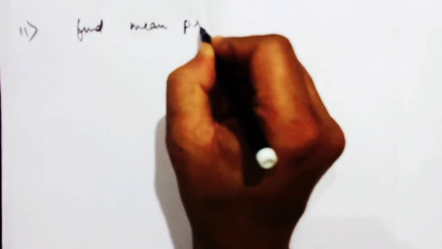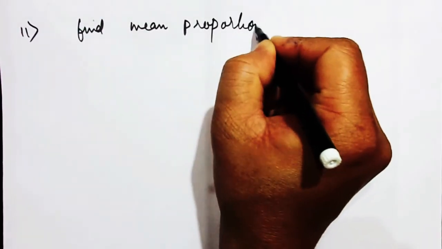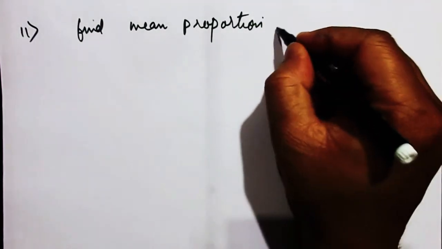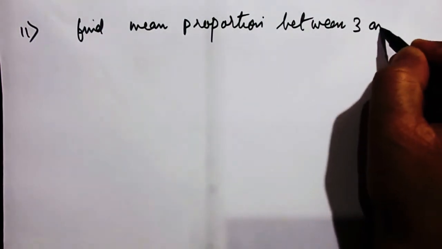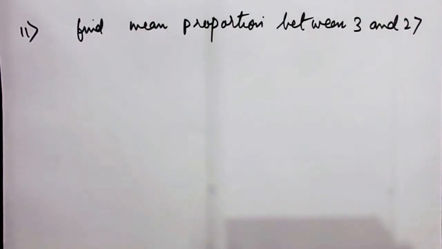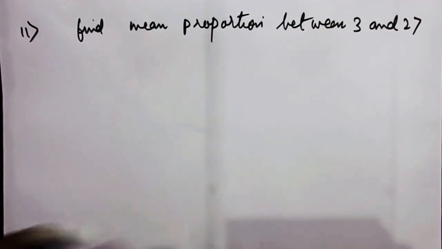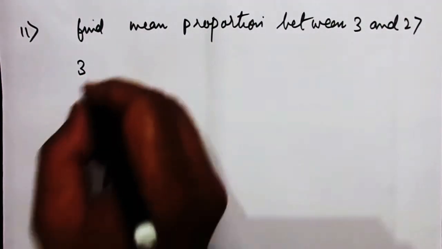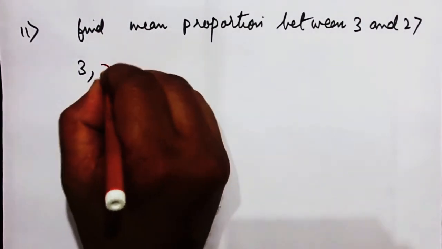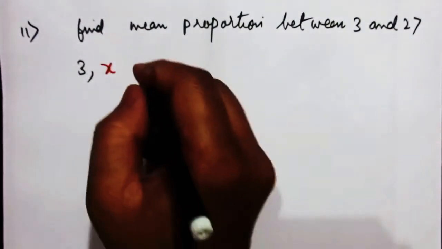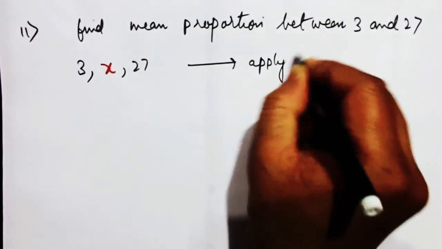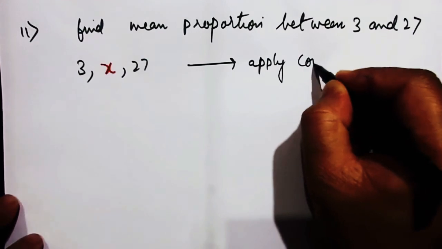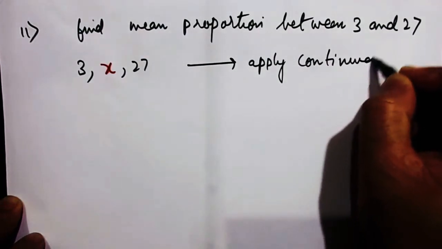Find the mean proportion again between 3 and 27. Therefore, we will continue in the same way: the mean proportion value will lie in between, and then we shall apply continued proportion.